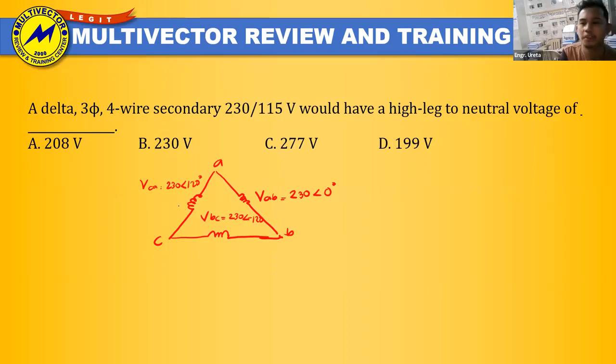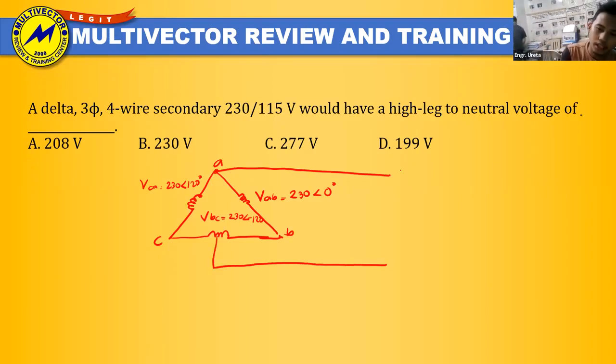Now, what we are looking for is the high leg to neutral voltage. The high leg is our A, with respect to the neutral, which is actually the center tap of the transformer on line BC. When you apply KVL here, our VAN is the high leg to neutral voltage.